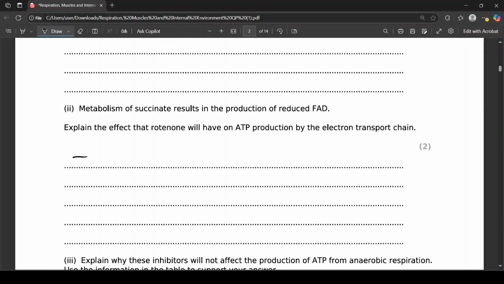The first point would be there will be no ATP production from reduced FAD.